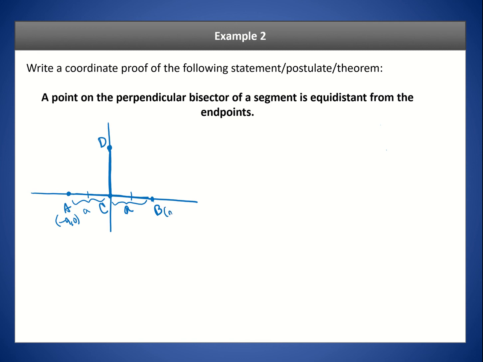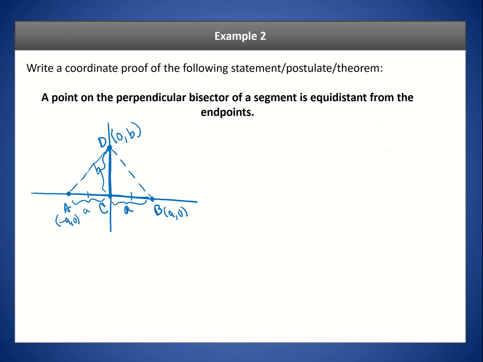And B has to be positive a and 0, going to the right. And let's call this distance here lowercase b. So that means the capital D is 0 and then lowercase b because it's going up. All right, so now let's see if this distance is the same as this distance, okay? We got to prove that that's congruent.